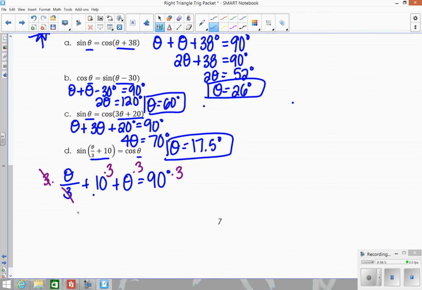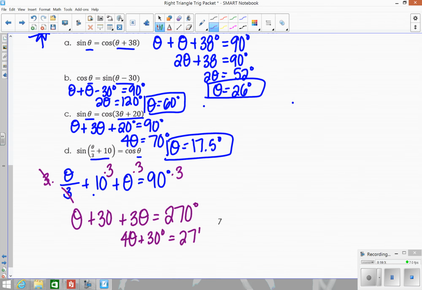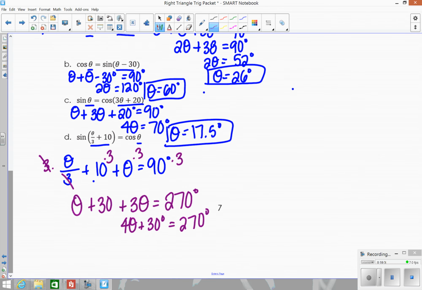So those cancel, so you have theta plus 30 plus 3 theta equals 270. And then you combine your like terms, so we have 4 theta plus 30 equals 270. Subtract 30, so 4 theta equals 240. Divide, so we get theta equals 60.